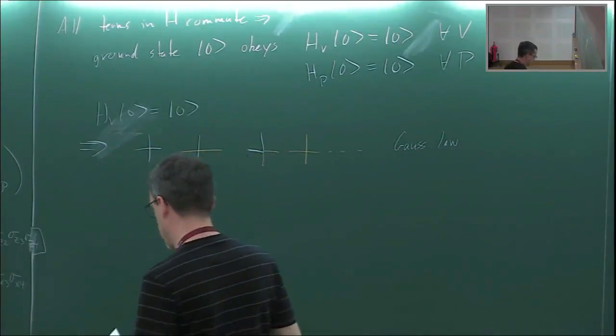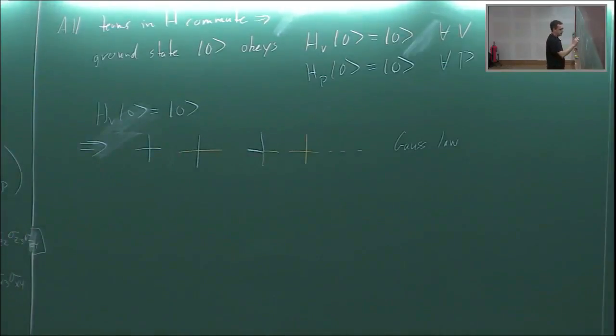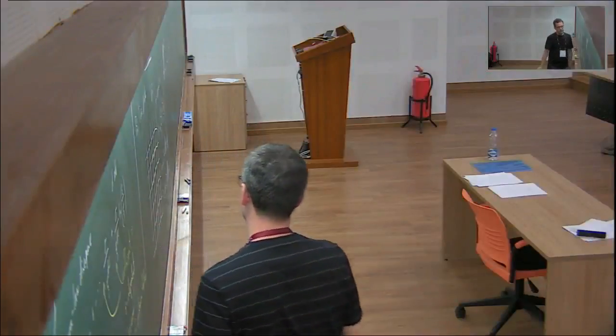And so an allowed configuration has some set of flux lines going around that can cross each other. And in fact, they're not even distinguished so much. I can have something that goes like this, and anything I want, as long as at each vertex the number of flux lines is conserved.